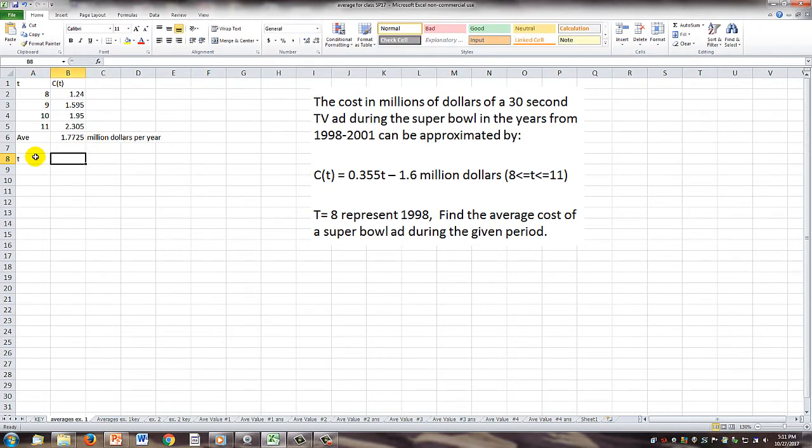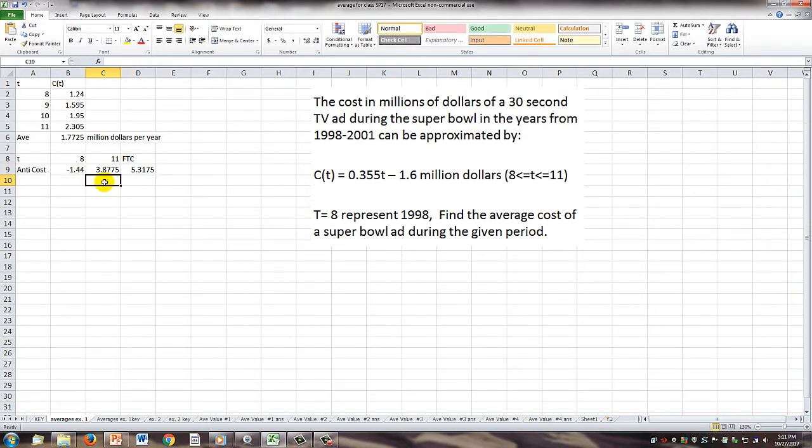So if we set up a t and we want to know the average cost, what we're going to do is go from 8 to 11, and we're going to take the antiderivative of cost, which would be 0.355 times t squared divided by 2 minus 1.6 times t, and then evaluate at 8 and 11, and then subtract the upper limit minus the lower limit.